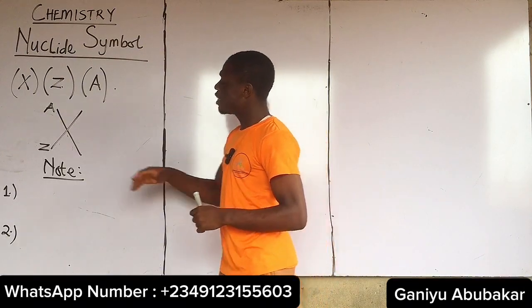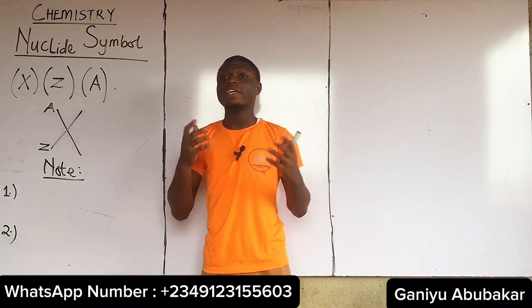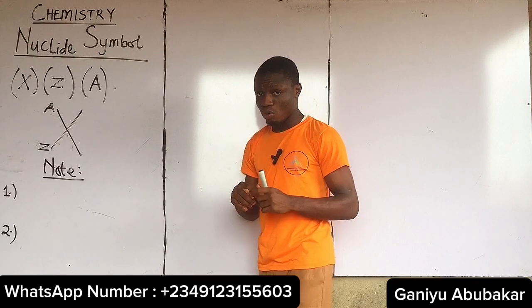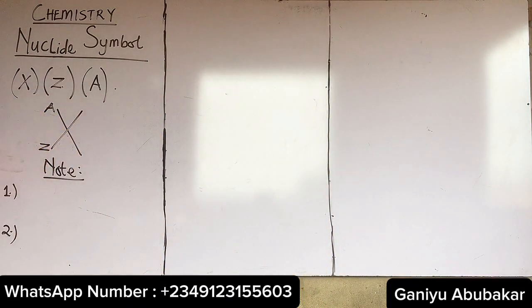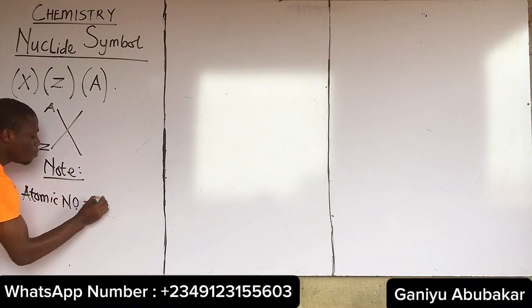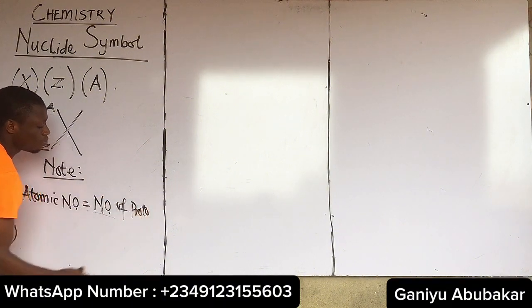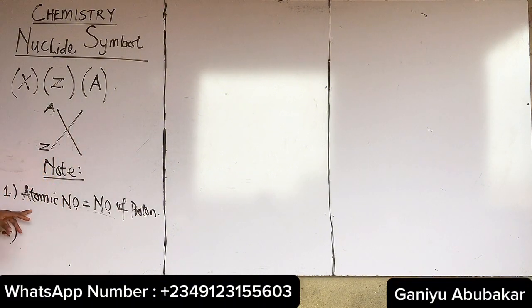These are the two main important ideas you need to note when it comes to the concept of nuclide symbol. Number one, the atomic number is equal to the number of protons.